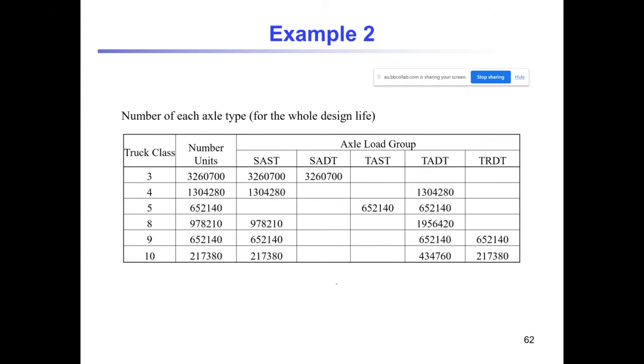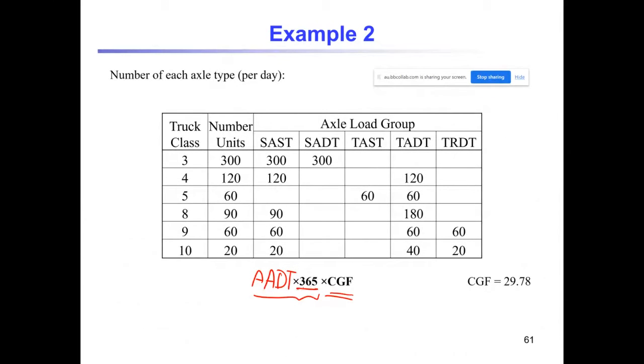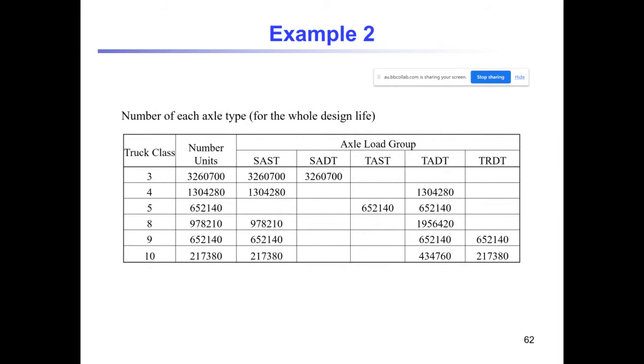So this is just simple multiplication with 365 and also CGF, which is equal to 29.78. So these are the number of the axles passing through the road during the design life.